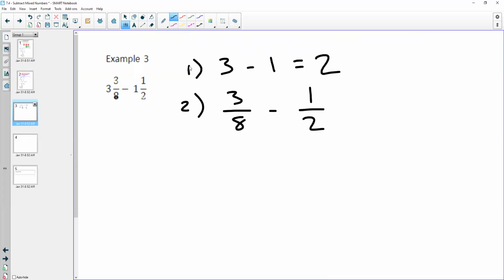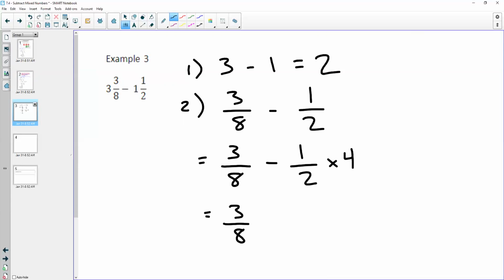I recognize that 8 is a multiple of 2, and so I'm going to leave the 3 over 8 fraction alone. Then I need to ask myself, how am I going to get the 1 over 2 fraction to have a denominator of 8? Well, I will multiply that by 4. So 3 over 8 stays the same, subtract 1 over 2 times 4. So 1 times 4 is equal to 4, and 2 times 4 is equal to 8.